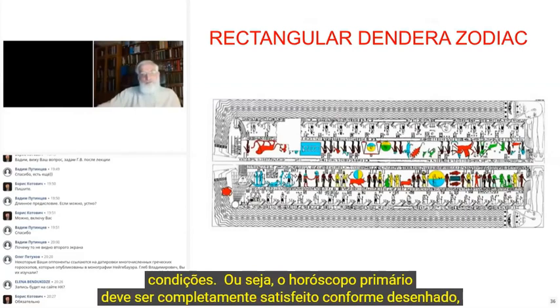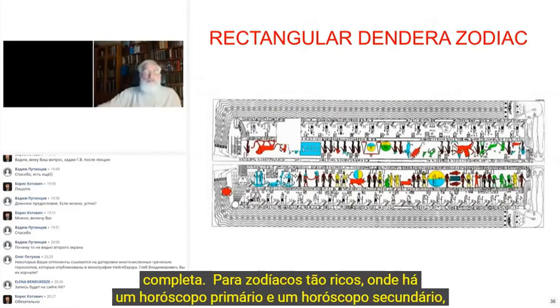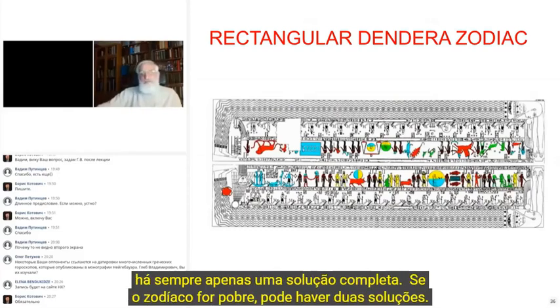That is, the primary horoscope had to be completely satisfied as drawn, and all secondary horoscopes had to be completely satisfied as drawn. Such a solution is called complete. For such rich zodiacs, where there is both a primary horoscope and secondary horoscopes, there is always only one complete solution. If the zodiac is poor, there can be two solutions.